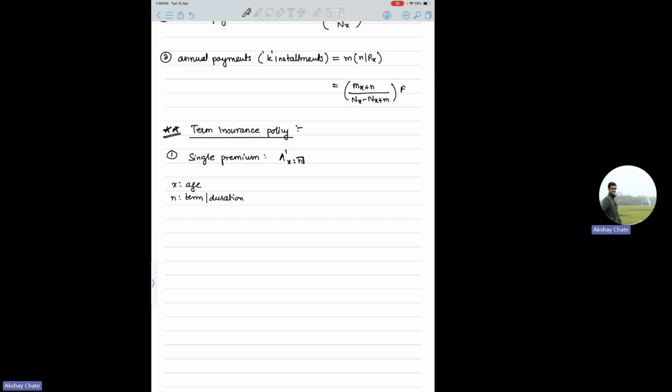So it is nothing but Ax minus nAx. The same logic as the deferred one. Previously also we have seen this. So if you plug in the formulas, you get Mx minus Mx+n divided by Dx into F.